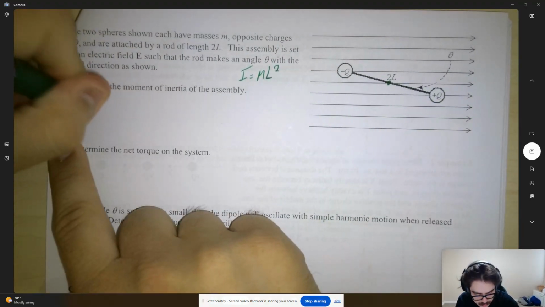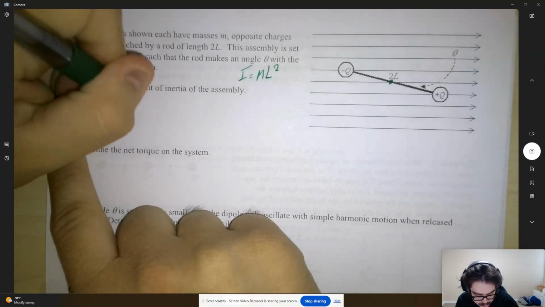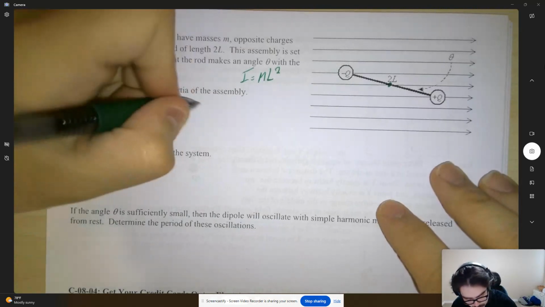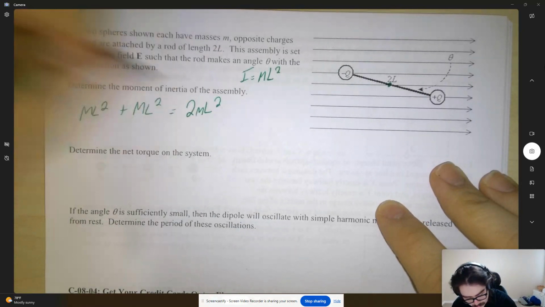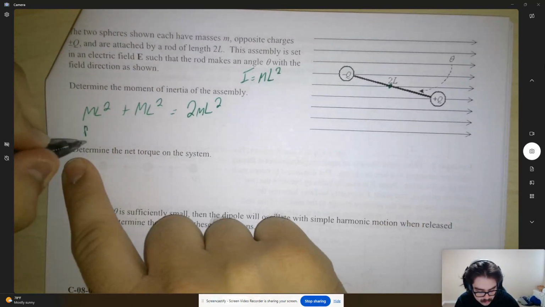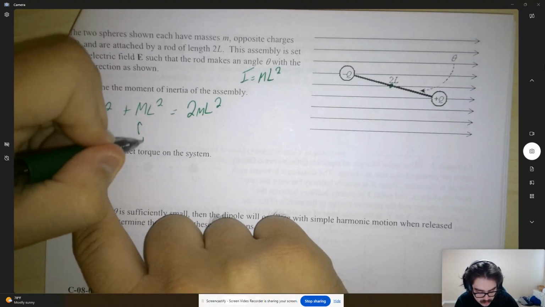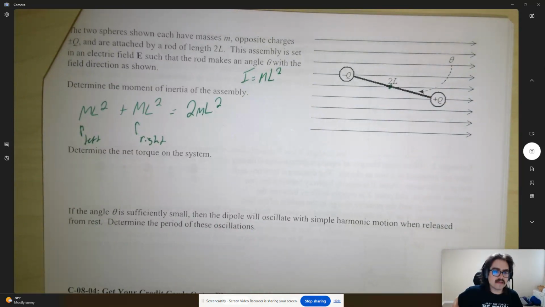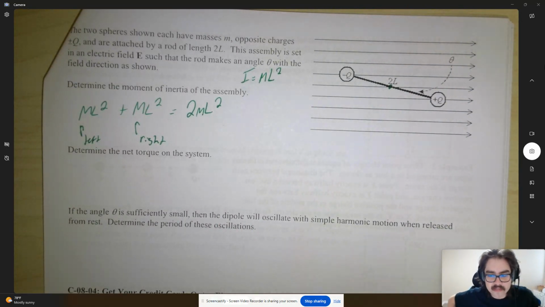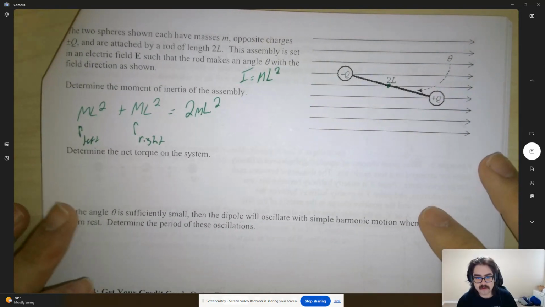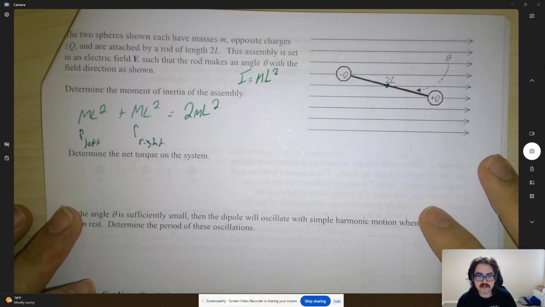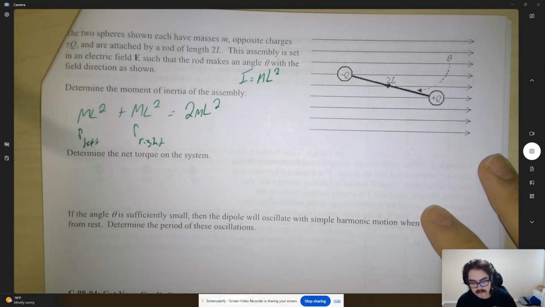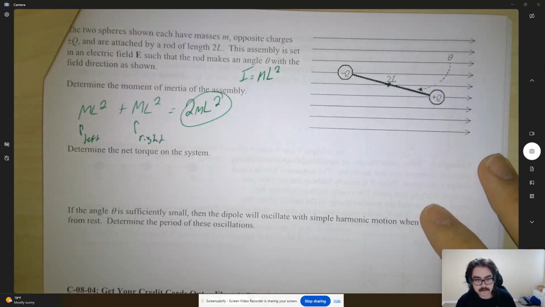So mL squared plus mL squared equals 2mL squared, because one is on the left and one is on the right. The problem doesn't tell us that the rod has negligible mass, but it doesn't give us the mass of the rod, so we're going to assume it's 0 and has no effect. So the total moment of inertia is just 2mL squared.